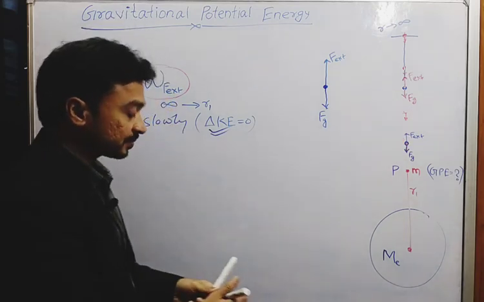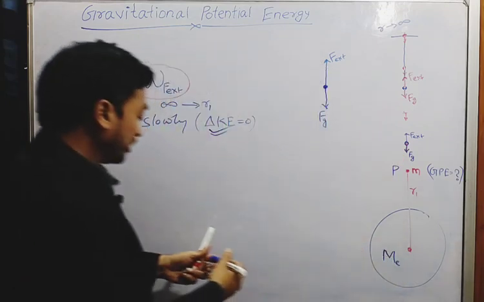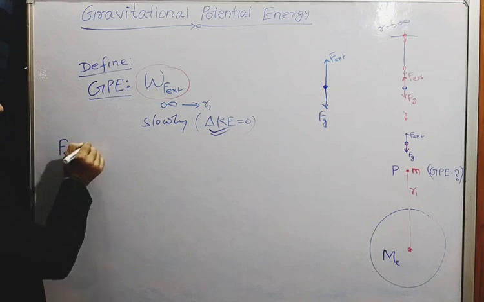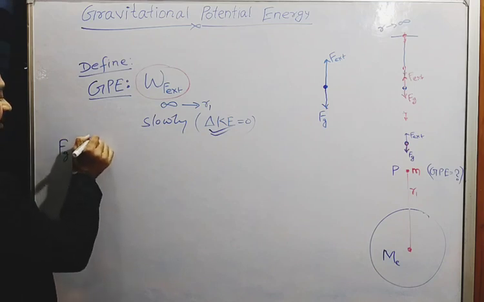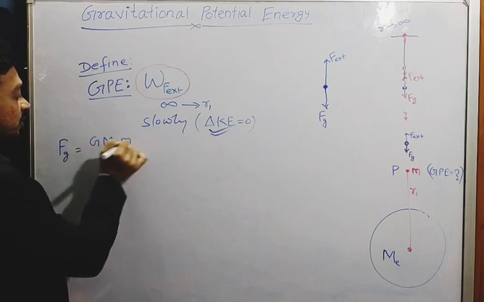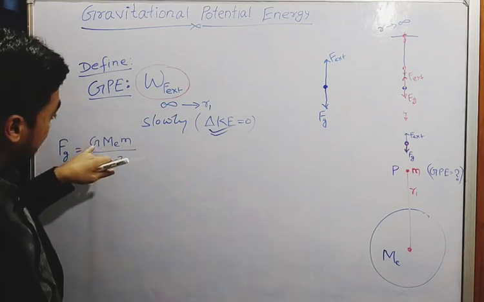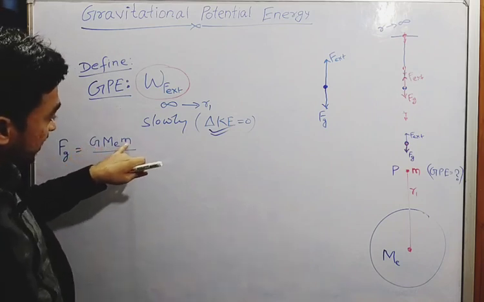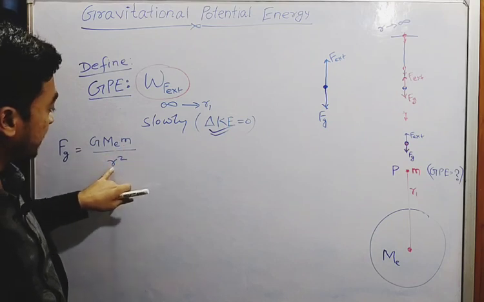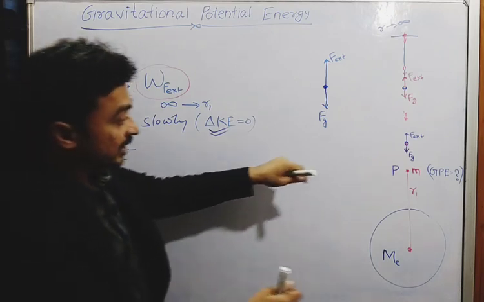Let's see. The gravitational force acting on it is G, mass of earth, mass of object, divided by r square. Mass of earth is constant, mass of object is constant, the only variable is r, which is in the denominator.